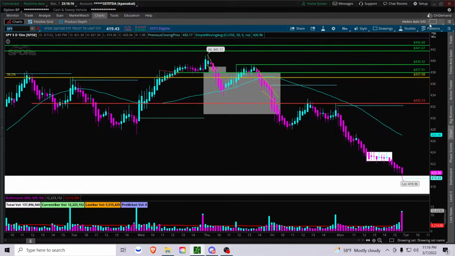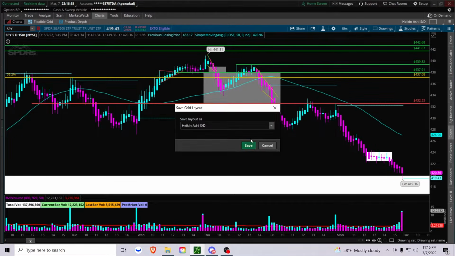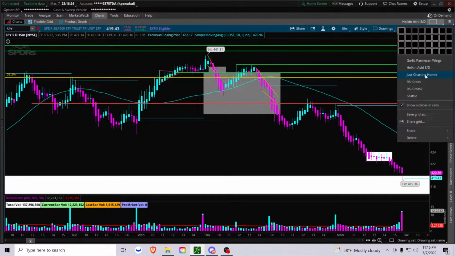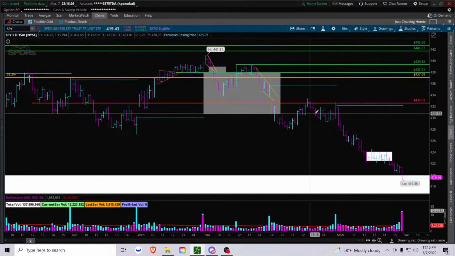But you don't necessarily have to be in the Heiken Ashi while the day trades. While the day is going on, you could just go back to your regular bars. I use bars, I don't use candles. I like bars a lot. It's just so simplified, and I like making things simple.